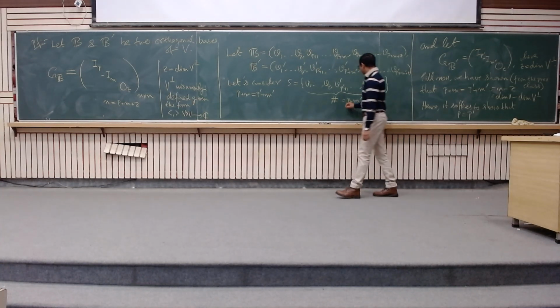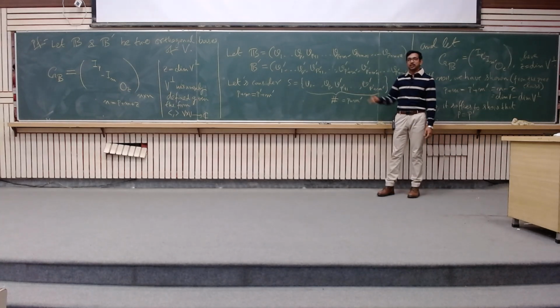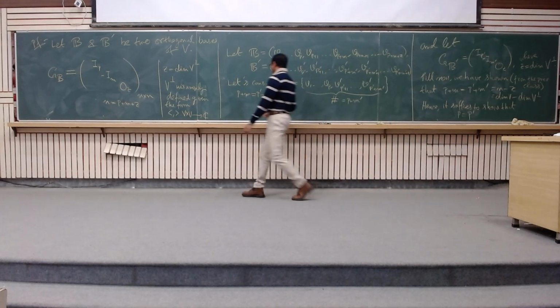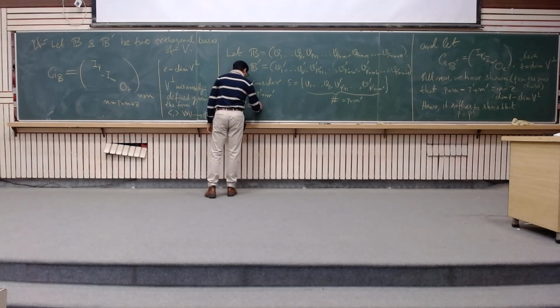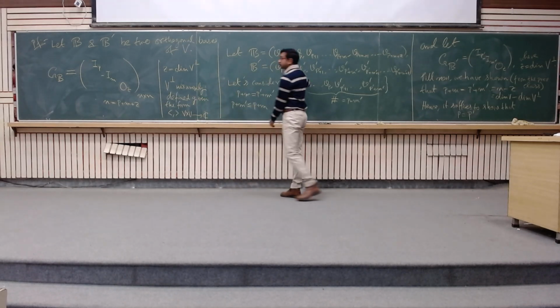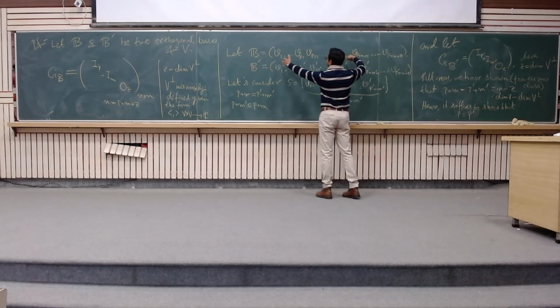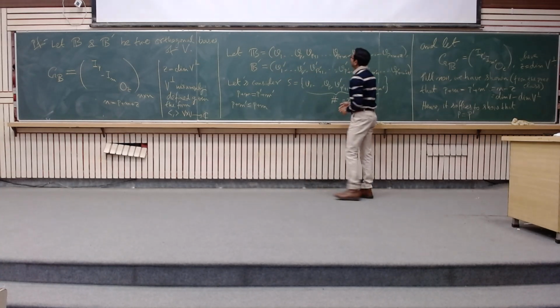So you get that p plus m dash is less than p plus m, right? And that in particular would mean what? So p plus m dash is less than or equal to p plus m because it is in the space which is spanned by this one, or I mean which is, well, wait a minute.